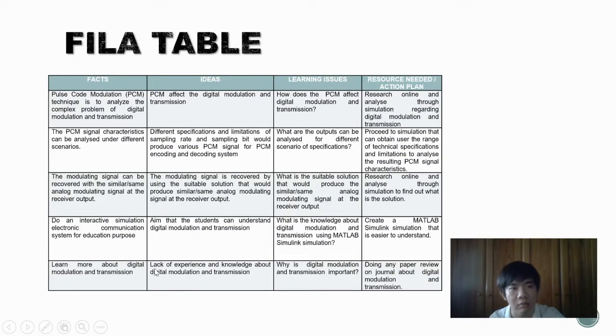So this is our filler table for use in this PBL. First, we got the fact that the PCM technique is to analyze the complex problem of digital communication, which is digital modulation and also transmission.